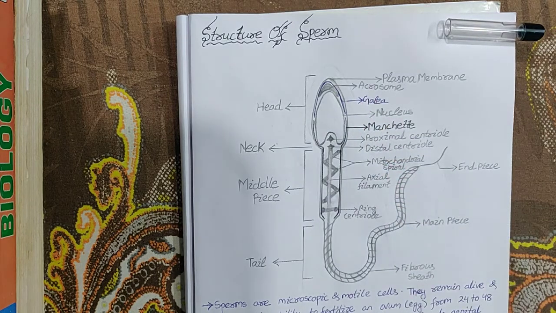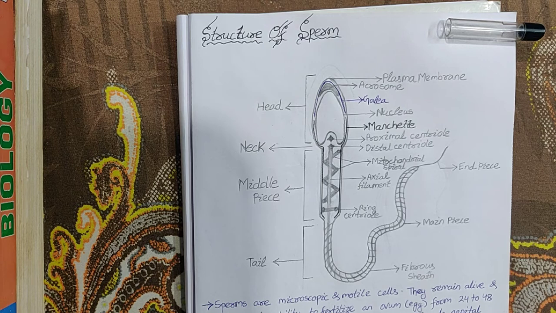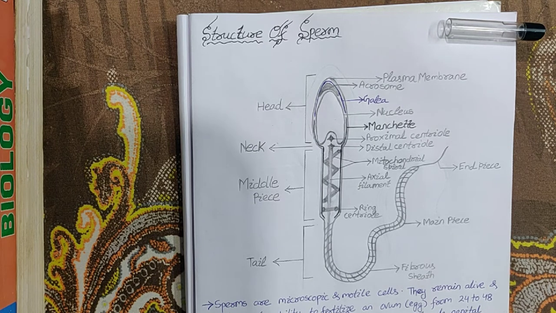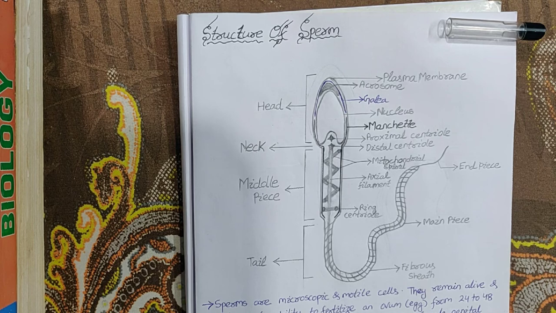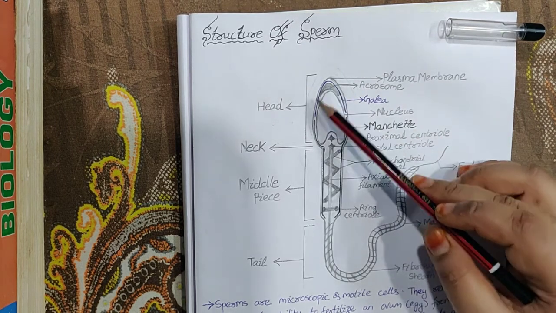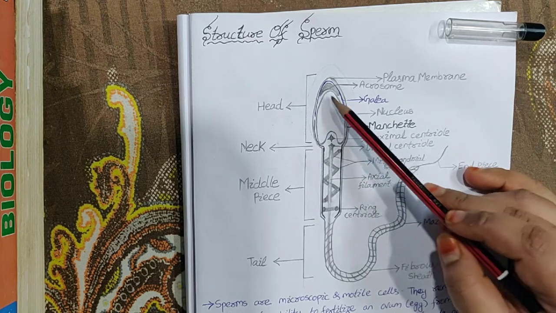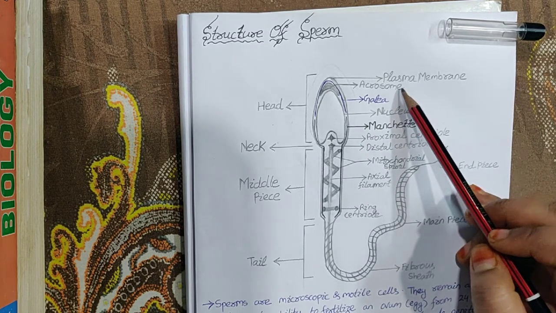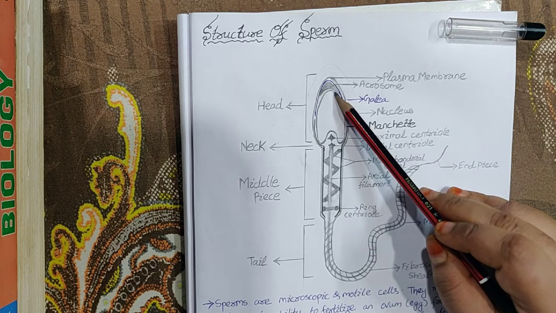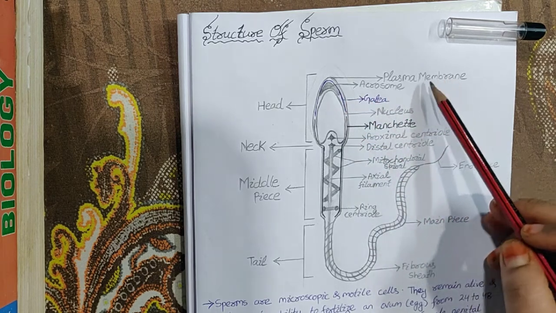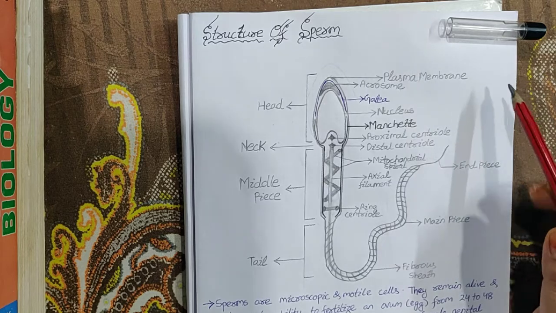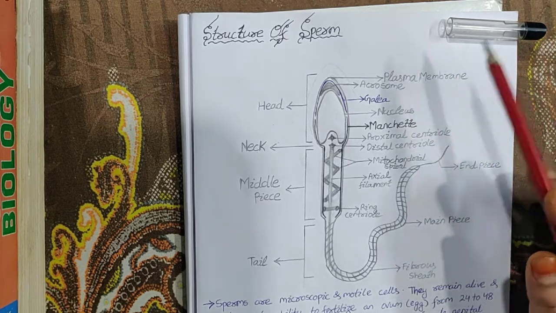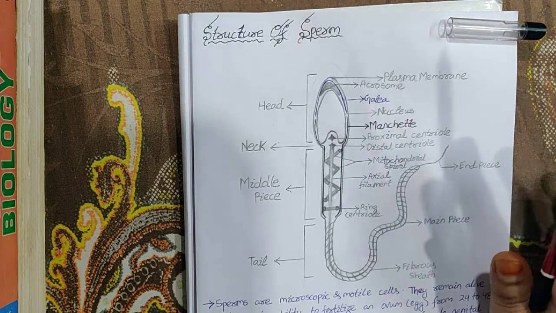So what is the acrosome? The acrosome contains sperm lysin, that is, lysosomal enzyme and proteolytic enzyme, combinedly called sperm lysin. The work of sperm lysin is to degenerate and digest the egg's wall, so that the sperm can enter inside the egg.